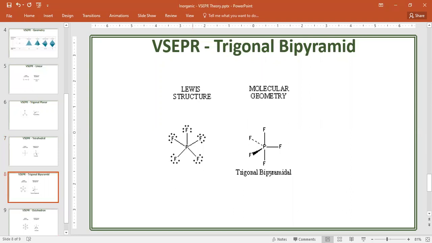The other 2 are axial because they lie along an axis perpendicular to the equatorial plane. The angle between the 3 equatorial positions is 120 degree, while the angle between an axial and equatorial position is 90 degree.